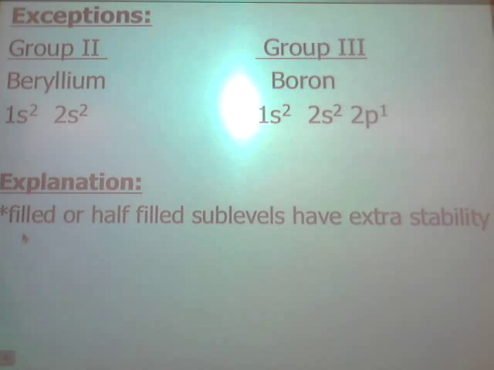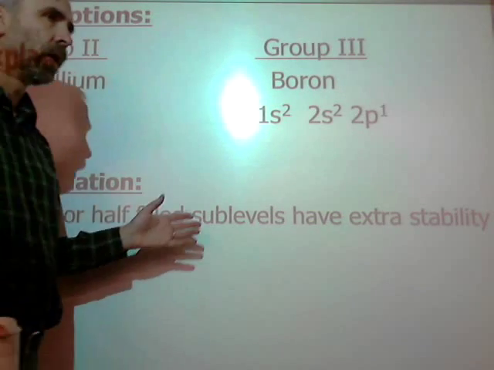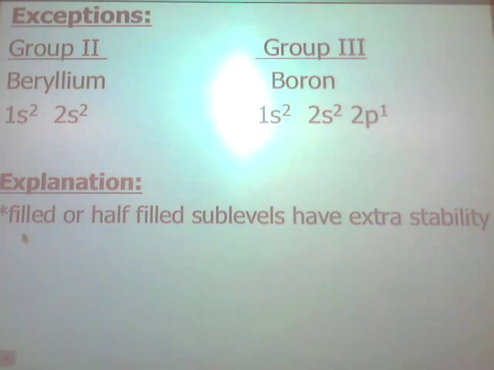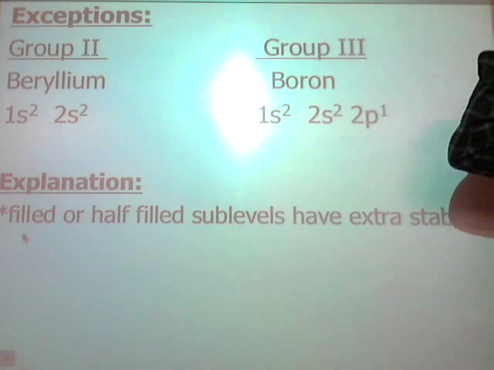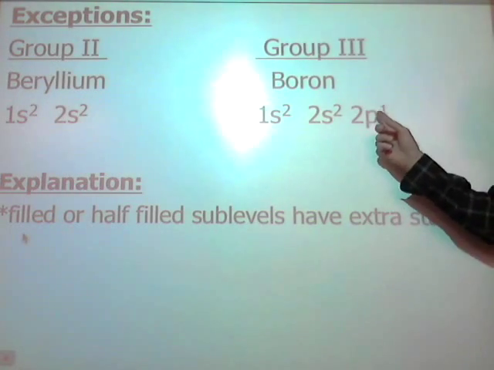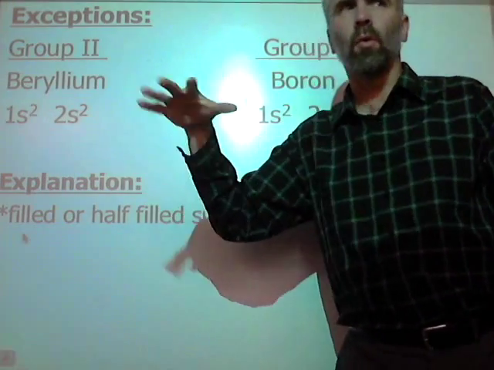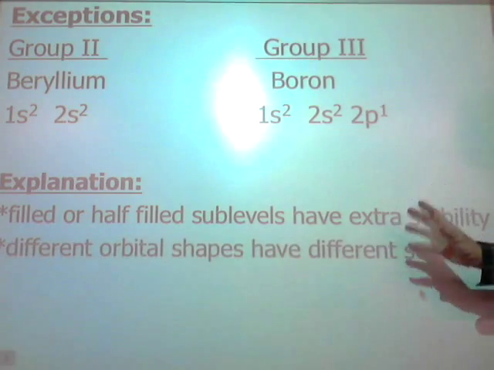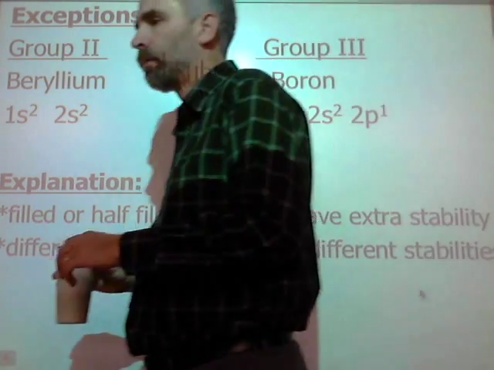You're just supposed to understand why it would happen if it does happen. But it has to do with the filled or half-filled sublevels, and that's one reason. And here's the other reason. The P, in this case, and the S don't have the same stability. Different orbital shapes have different stabilities.